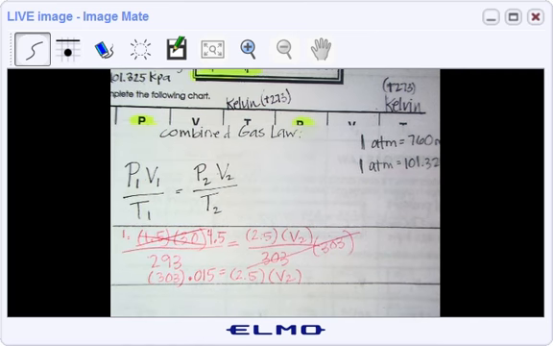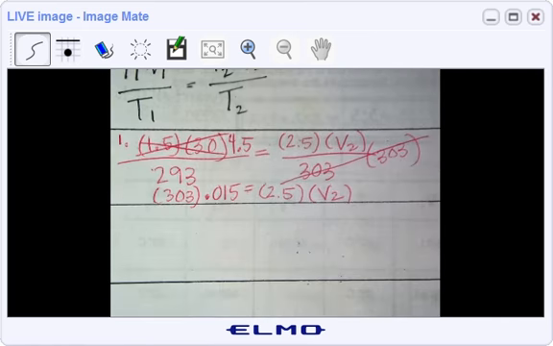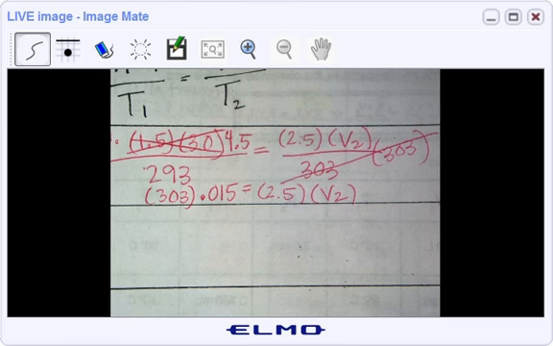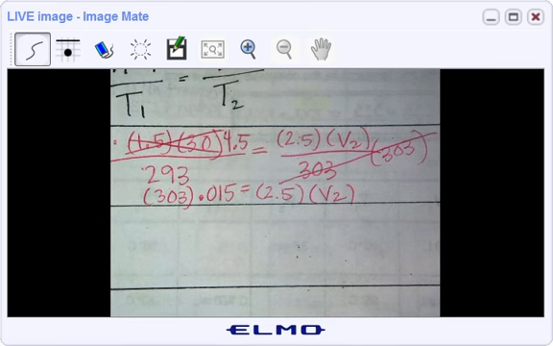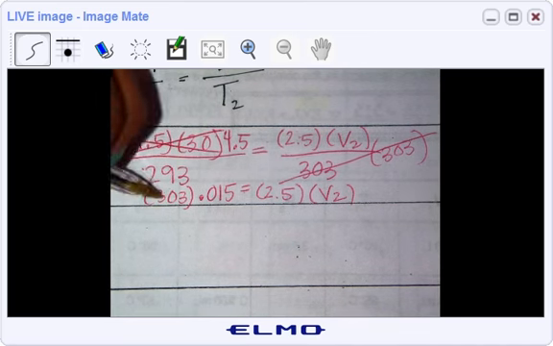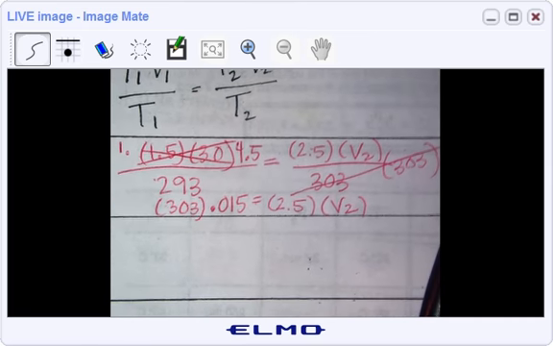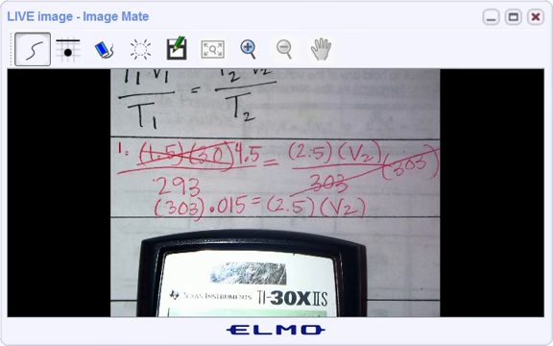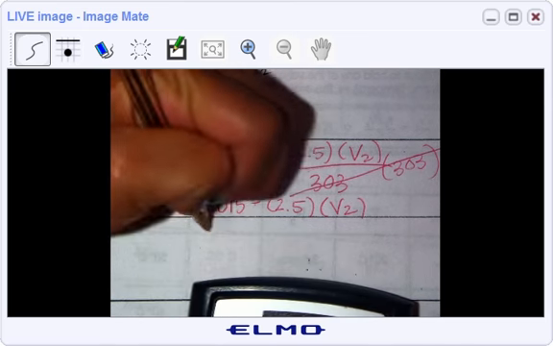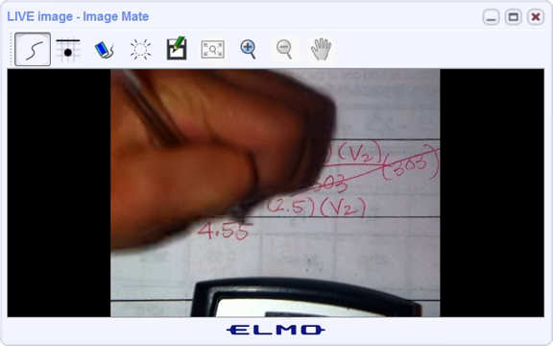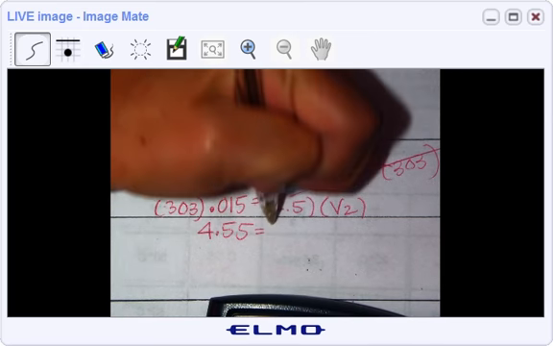I'm going to multiply these two numbers. Gave me 4.55 equals.